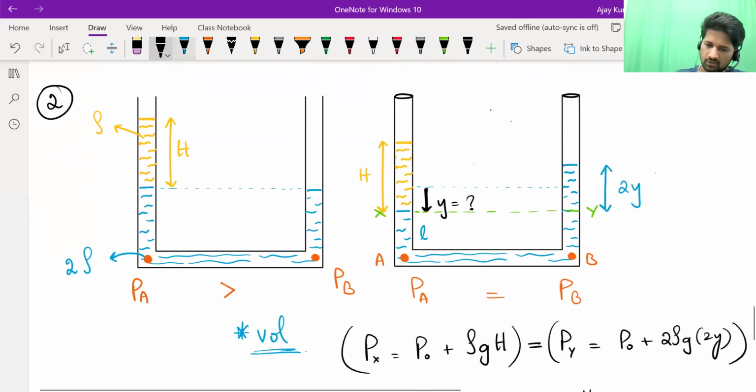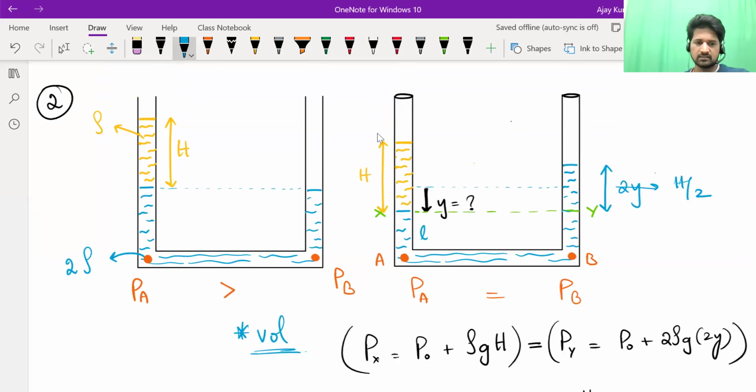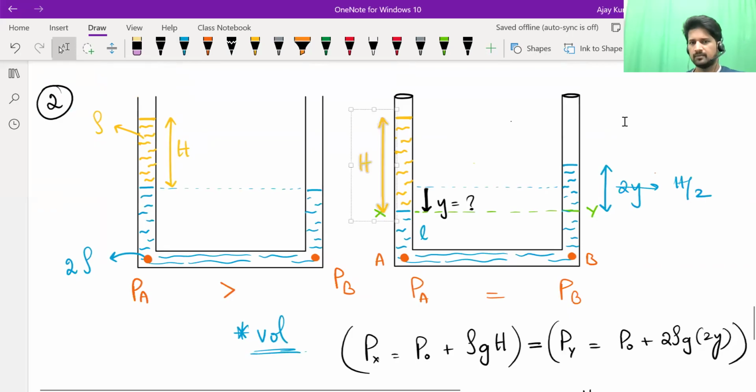If y is H by 4, 2y will be H by 2. This height is H by 2. Left side yellow liquid height is H. So the total height of liquid in both the arms is not equal. This side it is H by 2 and this side it is H.